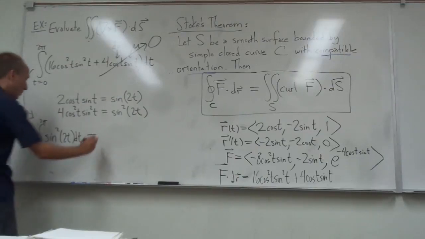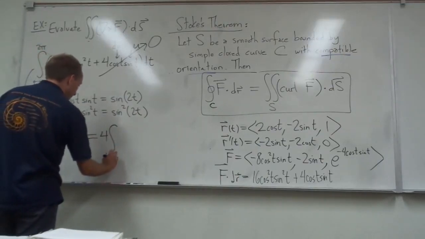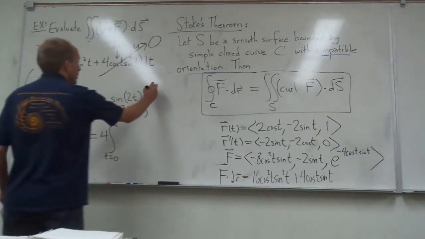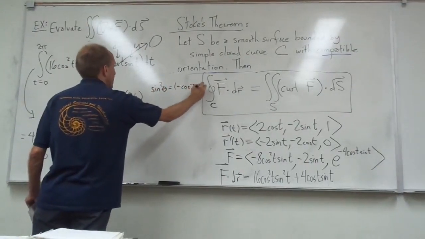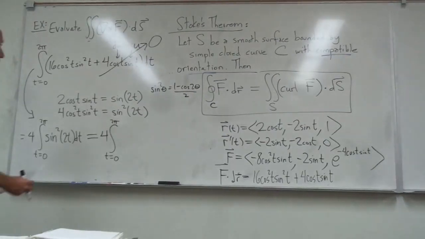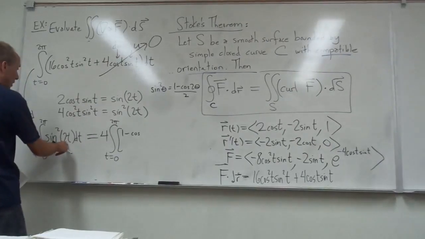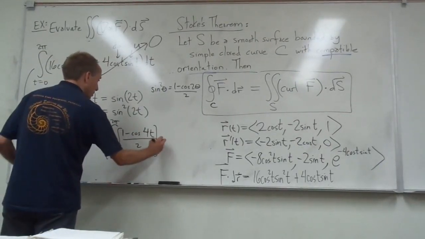And there's a trig identity, again, for this one. If you remember, sine squared of theta is 1 minus the cosine of 2 theta, all over 2. So in this case it would be 1 minus the cosine of 2 times 2t, which is 4t, all over 2 dt.